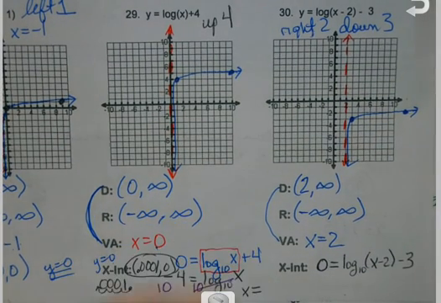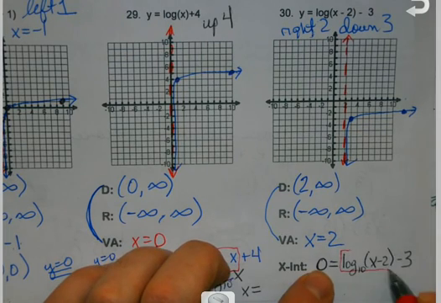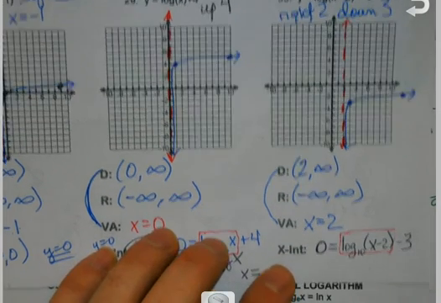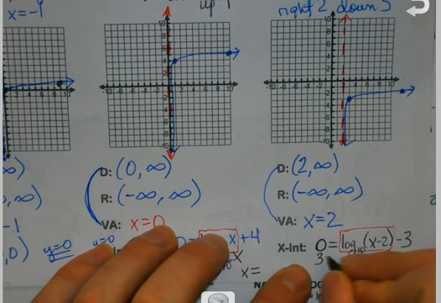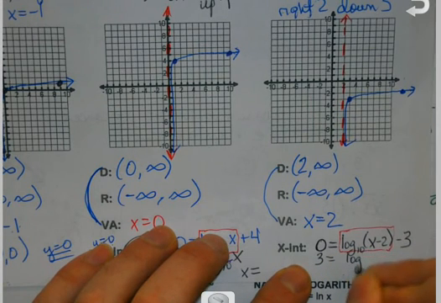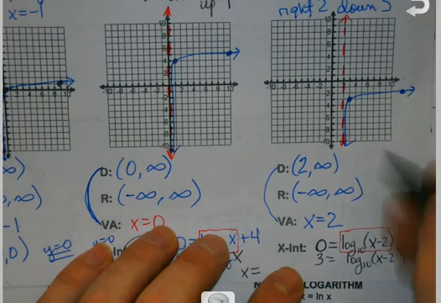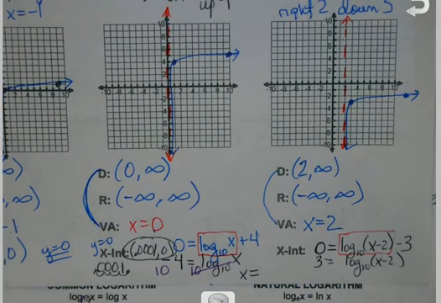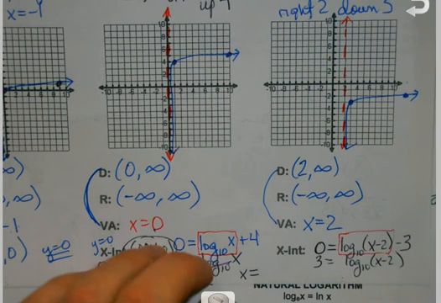Okay, first job: isolate the log term. Add 3, so 3 equals log of (x minus 2). I know. I'm with you on this. We're gonna have to get creative here in a minute.